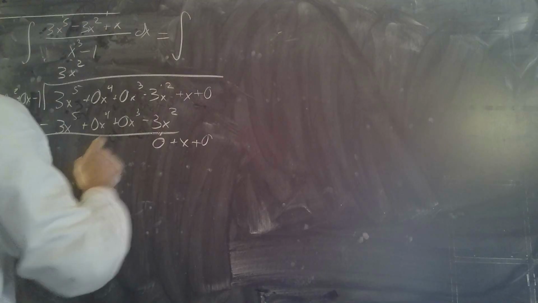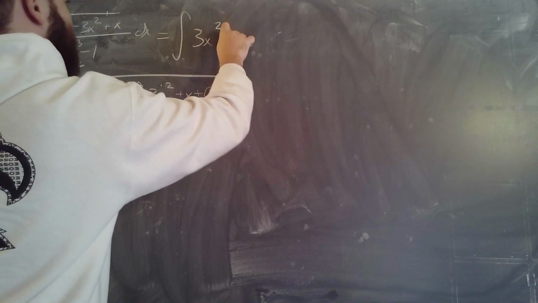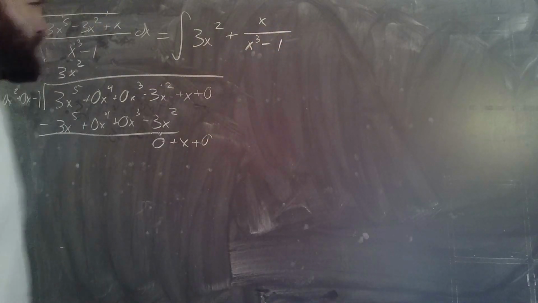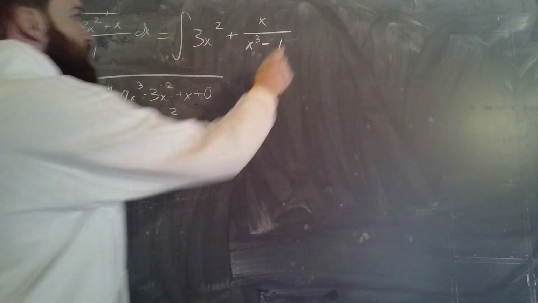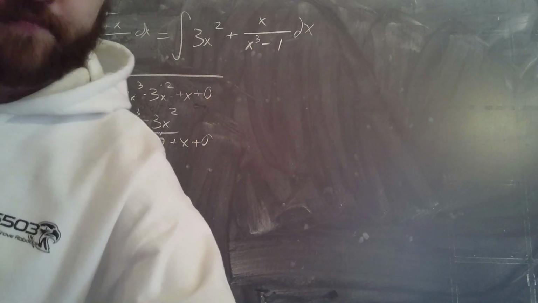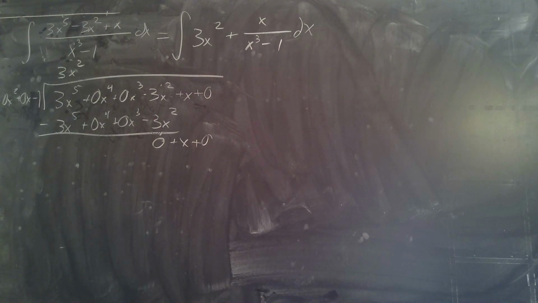So we can rewrite this entire integral as the integral of 3x squared plus x divided by x to the third minus 1. So the next observation that we can make here is that x to the third minus 1 is a difference of cubes, which means that we can break it into factors. So that tells me that that part of this expression can be rewritten as a partial fraction.